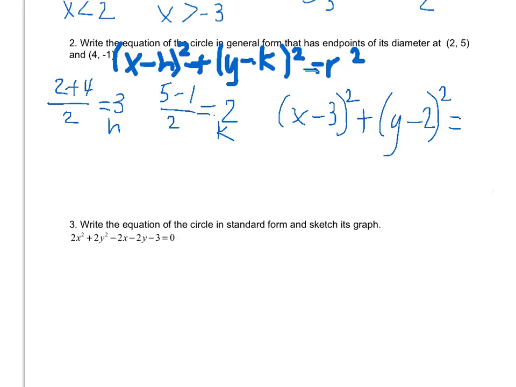You can either find the distance between your center that you found at 3, 2 and one of the endpoints on the diameter, or you just take the distance formula between those two endpoints and take half of that to find the length of the radius. So I am going to just take the center.